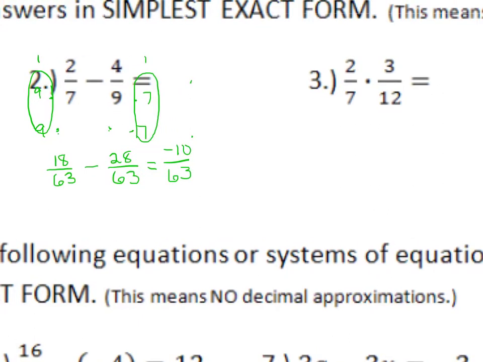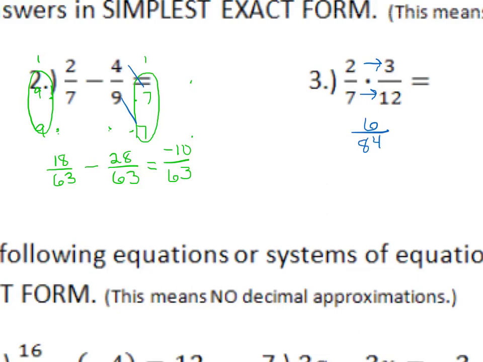Moving to number 3, we've got multiplication of fractions, which guess what we just did by multiplying top and bottom. Notice the tops got multiplied together and the bottoms got multiplied together. Same thing. 2 times 3 is 6. 7 times 12 is, well, 10 times 7 is 70, plus 2 times 7, which is 14, so 84.